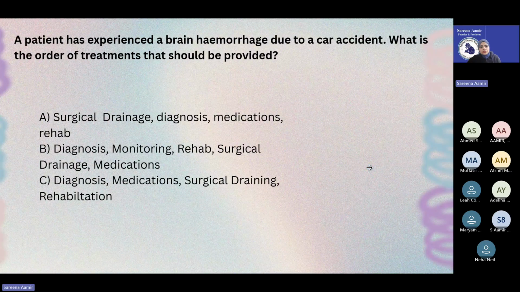A is surgical drainage, diagnosis, medications, rehab. B is diagnosis, monitoring, rehab, surgical drainage, and then medications. Or C, diagnosis, medications, surgical drainage, and rehabilitation. I spelled rehabilitation wrong there, but yeah. So 30 seconds. I will give you less than that because it shouldn't take that long.